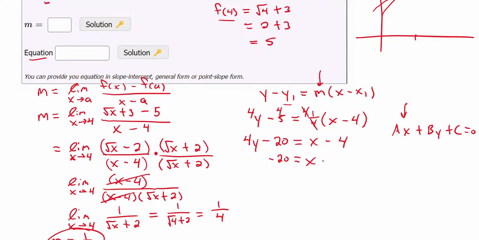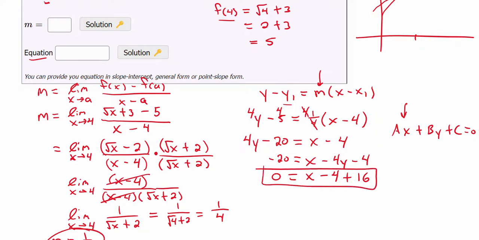And then when I bring this over, this will be minus 4y minus 4. And then I'll bring the 20 over as well. So now I have 0 is equal to x minus 4y, and then plus 16. There you go. Oh, y, sorry. Okay.